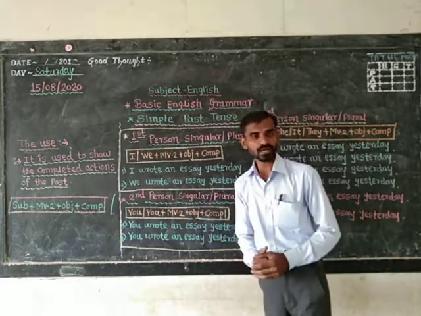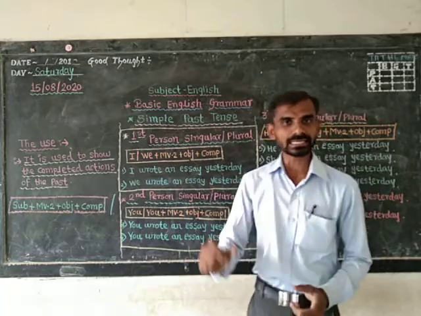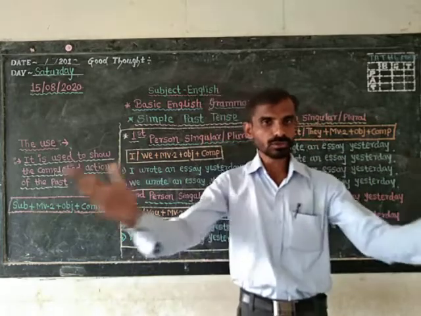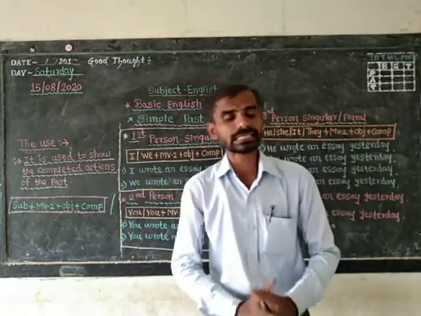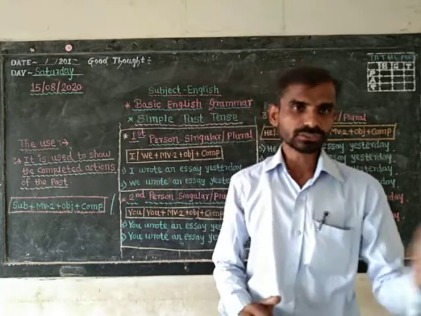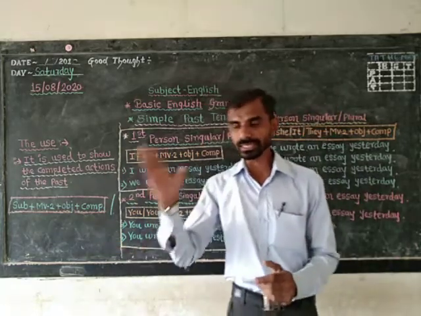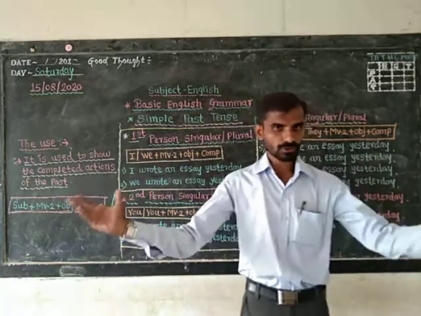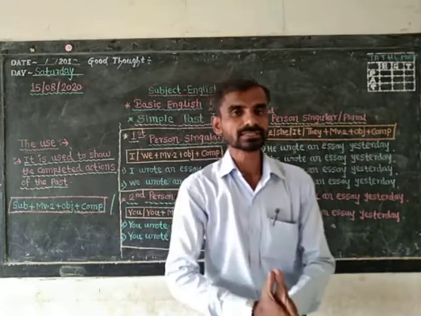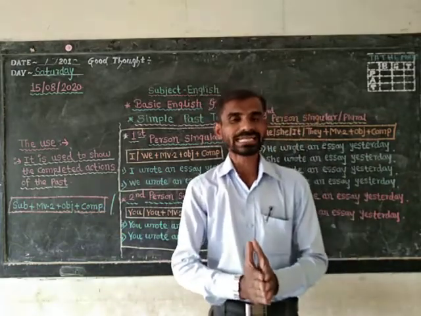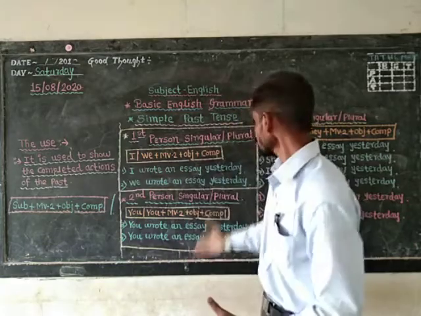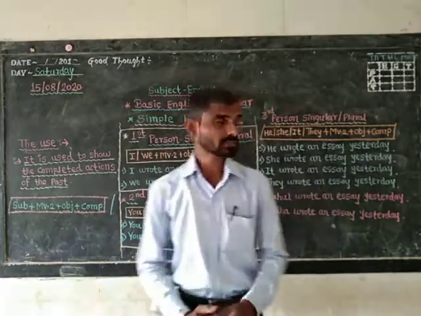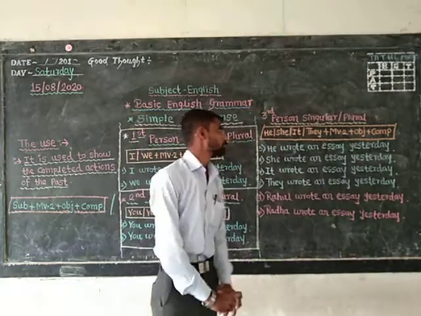And examples are, you wrote an essay yesterday and you all people wrote an essay yesterday. For singular case, you wrote an essay yesterday, and for plural case, once again the same statement, you wrote an essay yesterday.